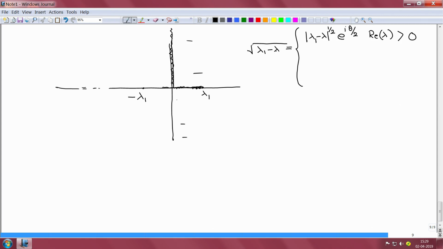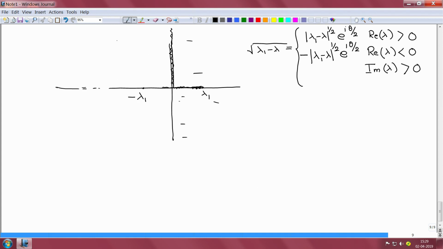Then it is equal to minus lambda 1 minus lambda to the power half e to the power i theta by 2 whenever my real value of lambda is less than 0 and imaginary value of lambda is greater than 0.